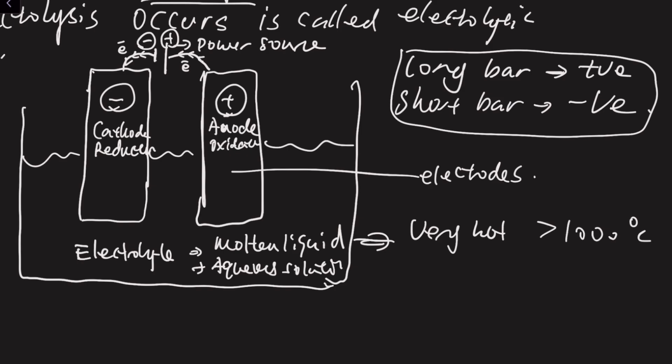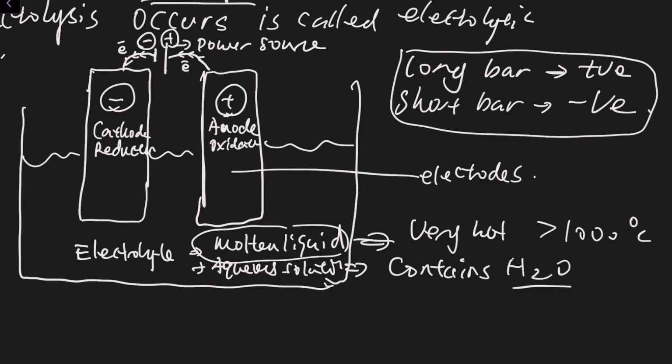This type of electrolyte is very common for the production of certain metals, and we will cover this very shortly. For aqueous solution, one thing to remember is that it contains water. This becomes very important when we are trying to predict what will be formed in this electrolytic cell.